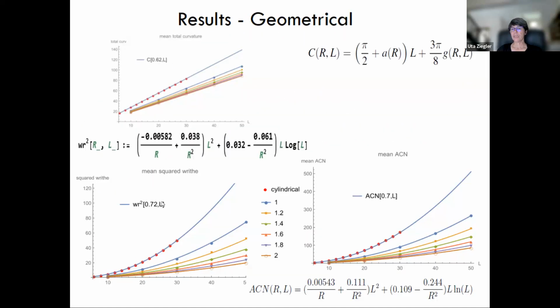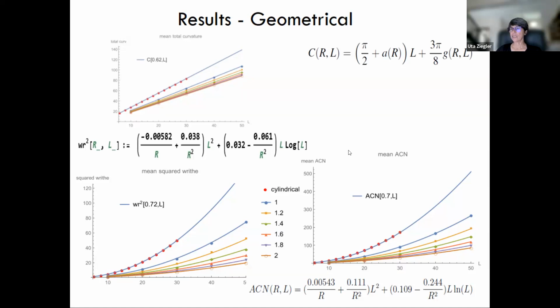For the curvature, it is 7.2 for the mean squared drive, and it's 0.72 for the mean squared, 0.62 for the curvature, and 0.7 for the ACN. So we're not too bothered that these are not exactly the same. It is not the same model, but what we can say in all instances is that it is clearly less than 1.